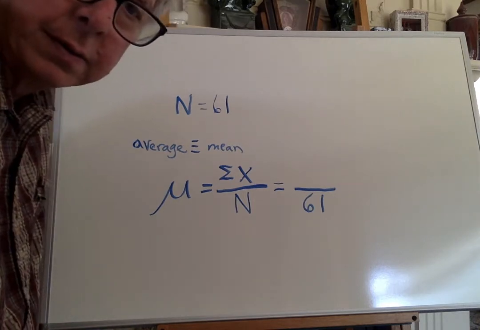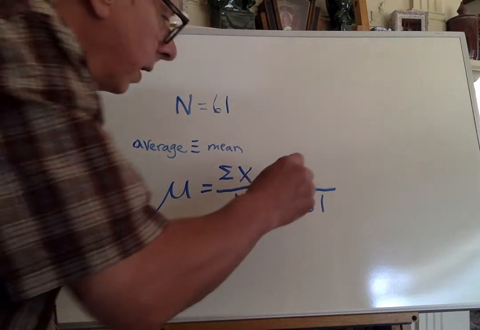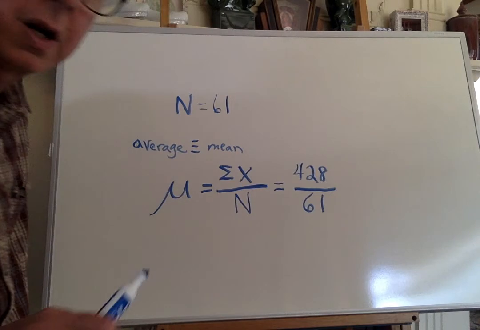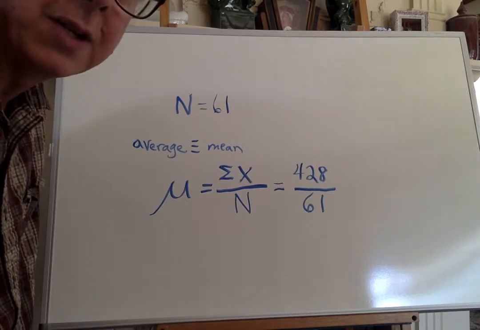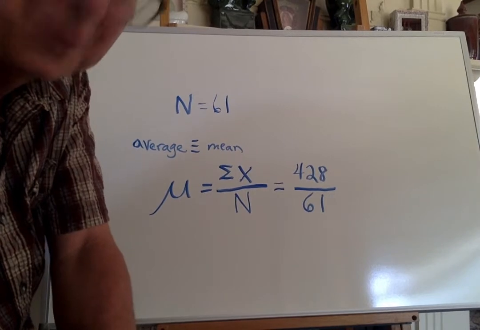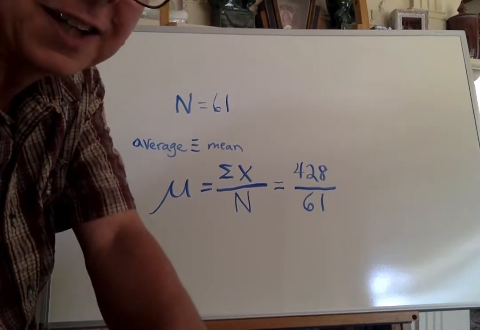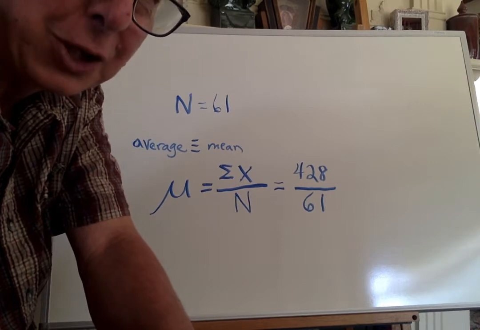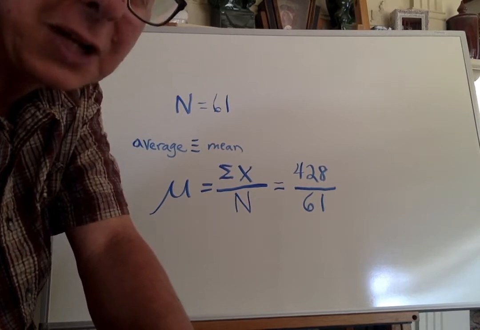Okay, did you get it? It is 428 for our total, I think. Let me just check this. Hold on, I just want to make sure, since I'm the teacher.